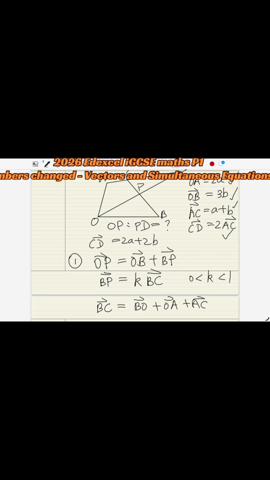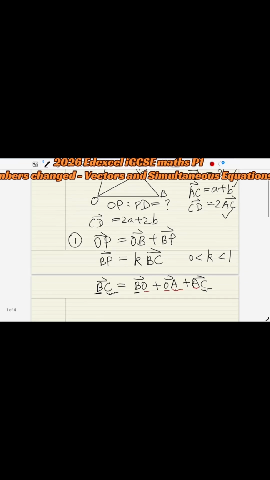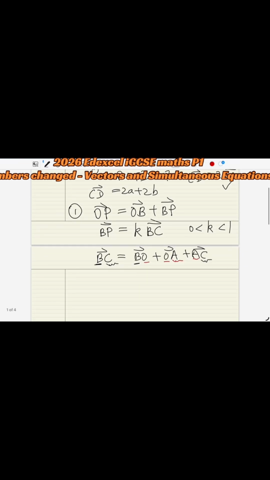If you don't understand how we find the path, remember the starting point and ending point need to be the same, and everything in the middle needs to cancel out. So therefore, we can easily find out what BC is.